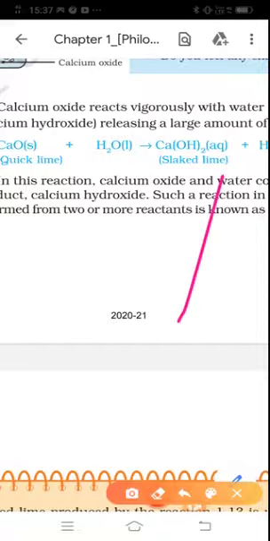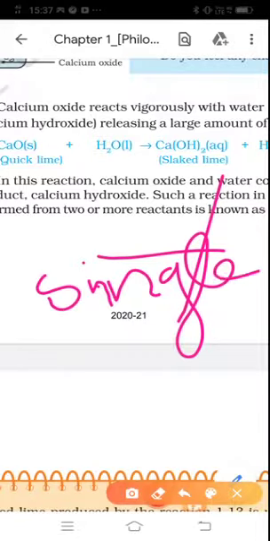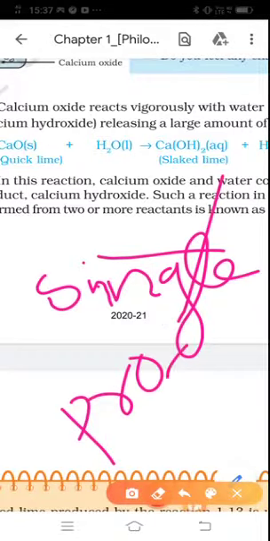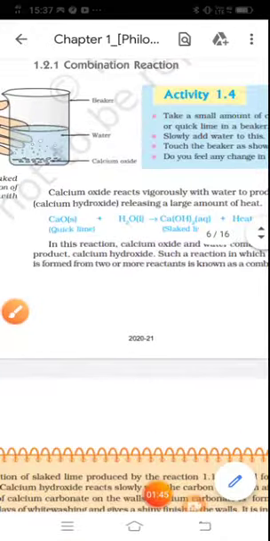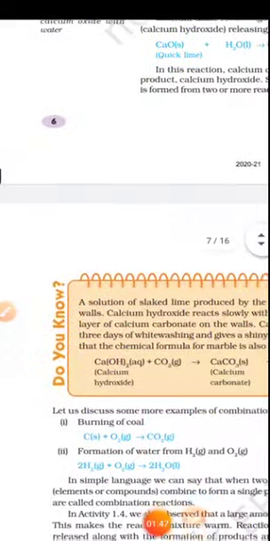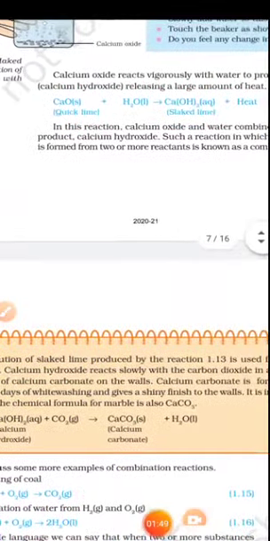Note it down: there is a single product. So that's all you have to learn. In a combination reaction, there is a single product. Example: CaO, quicklime, will react with water and form slaked lime.